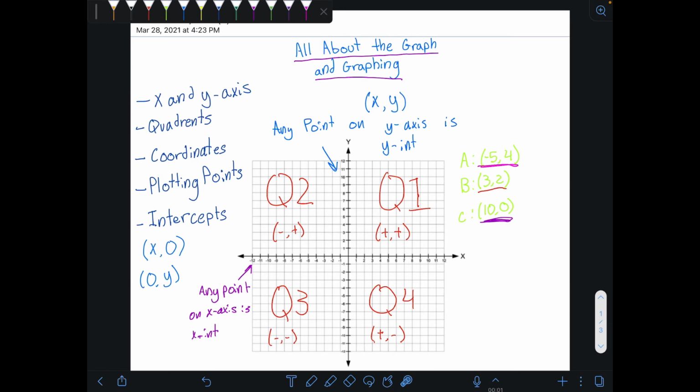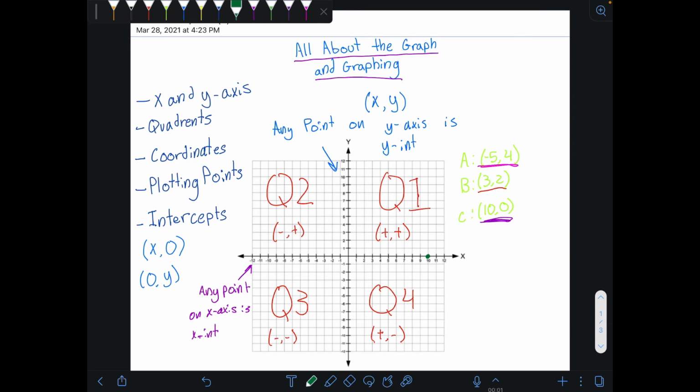For all x-intercepts, x will be a certain value here, but y will always be 0. We can see this is the same for point C here, because we have 10 as our x and 0 as our y. So we can find that point. It is just simply right here, 10, 0.